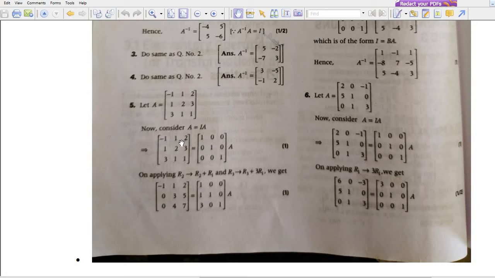So here we write the matrix A, this is the identity matrix of the same order, and this is the matrix A. Clear? Here, at first we made these two elements equal to 0 using row 1. Row 2 goes to row 2 plus row 1, and row 3 goes to row 3 plus 3 row 1. So these two elements become 0.